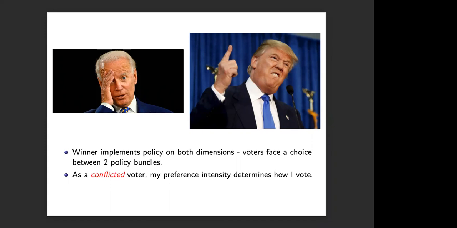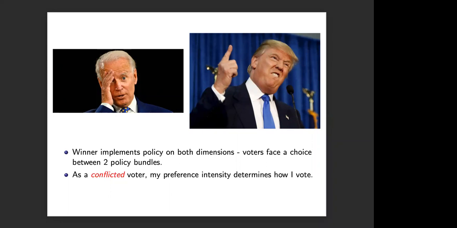So let's suppose that I care more about the economic dimension than I do about the social dimension. Then in a presidential election in the US, I'm going to grin and bear it and vote for Trump because he's the least bad of the two given my preferences. So my preference intensity is going to determine how I vote. Very straightforward, very simple.